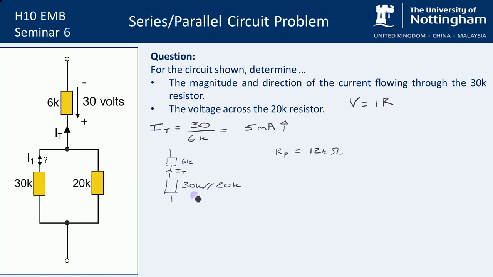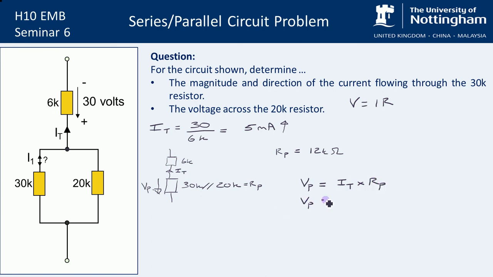Because we know this value of Rp, that parallel combination, we can find this voltage drop, which I'm going to call Vp because it's the voltage drop across that parallel combination. So Vp is equal to, just Ohm's law, IT times Rp, and we know all of these.